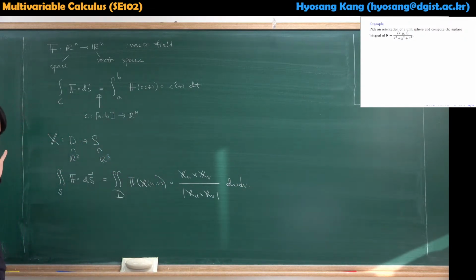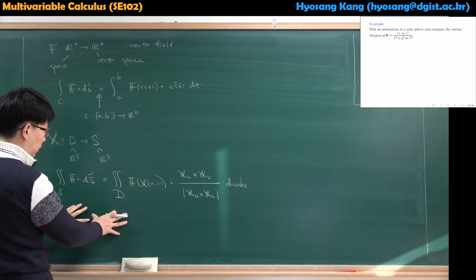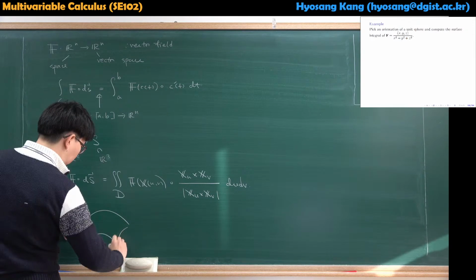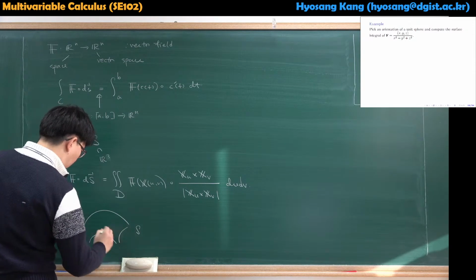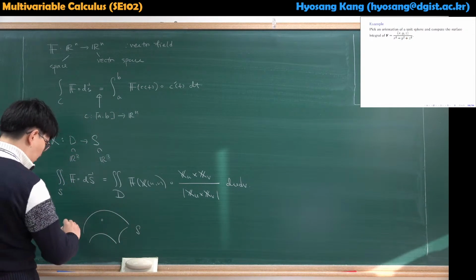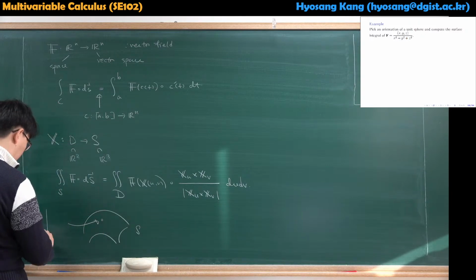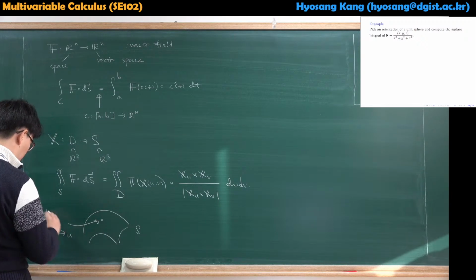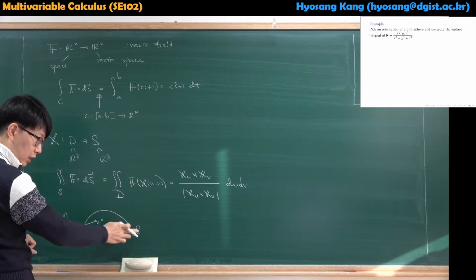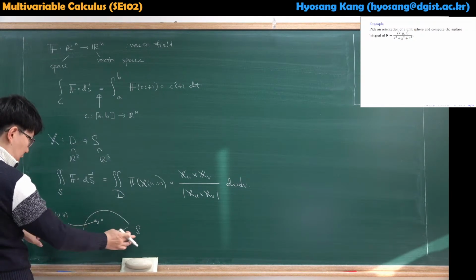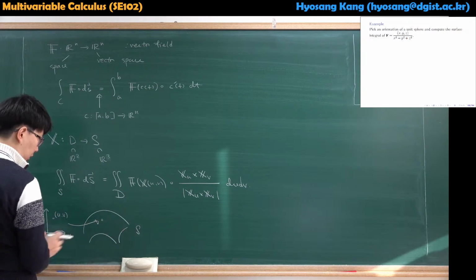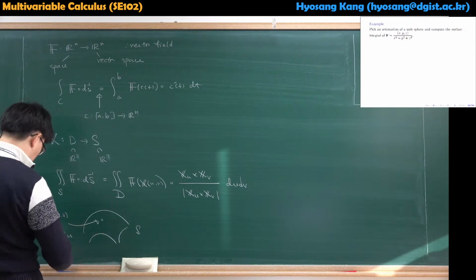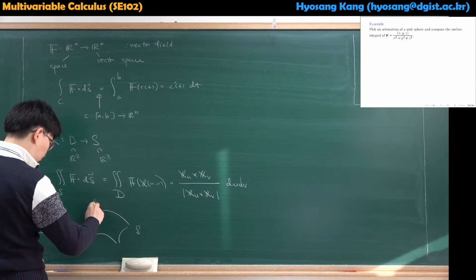So basically, this is not the same as the integration by substitution. What we are doing here is that we have a surface inside of three-dimensional space, and each point is identified with a point inside of the UV plane. So this is the UV point, and this is the point identified by the one-to-one map X on the surface S. And we are taking a normal direction to the surface.